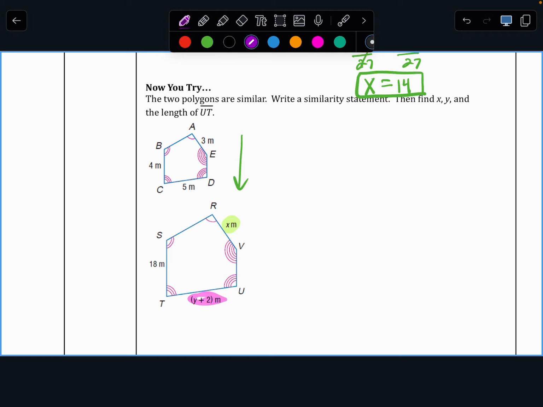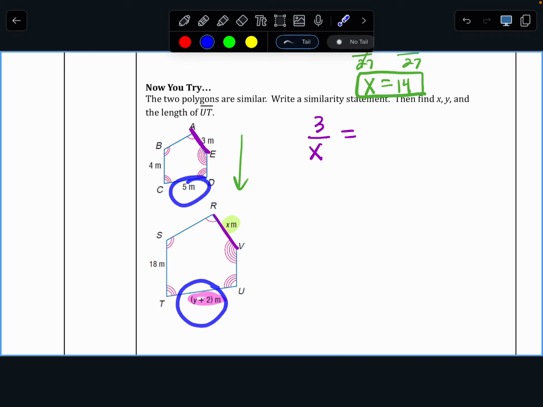So for the first one, you'll notice that 3 matches the x. So 3 over x equals. Now I can't use the 5 because that's an unknown right now. So the one I have to use is the 4 and the 18.